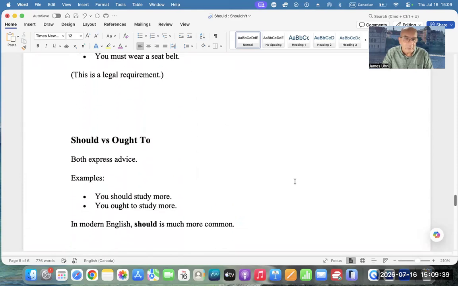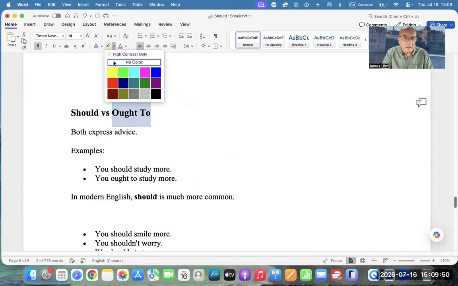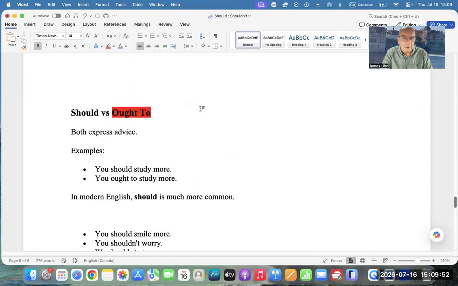I don't recommend to learn should versus ought to. Ought to, for me, it's a red flag. And like I said, in private schools, it is taught, it does exist, but don't use it. Okay? You ought to study more?